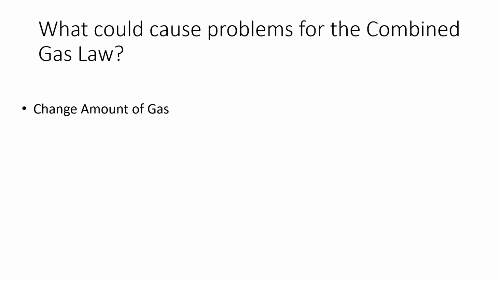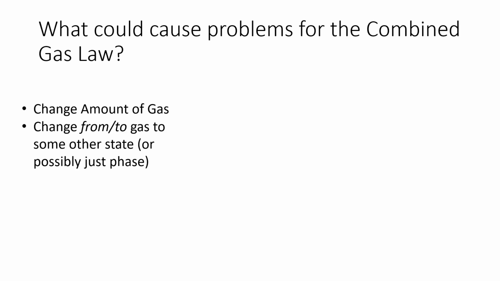If you generate gas or you consume gas or you somehow react gases together so you form a different amount of gas, well now P1 V1 over T1 equals P2 V2 over T2 does not work. If you condense or something like that, then it doesn't work.